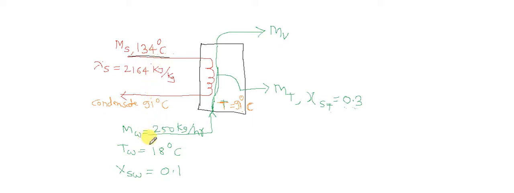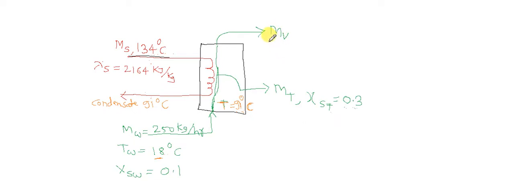Similarly, the weak liquor inlet temperature is given as 18 degrees Celsius. When the weak liquor enters the evaporator, its temperature first increases from 18 to 91 degrees Celsius. Then at 91 degrees Celsius, some part of the solvent gets vaporized, that is mv. So step by step we will solve this.